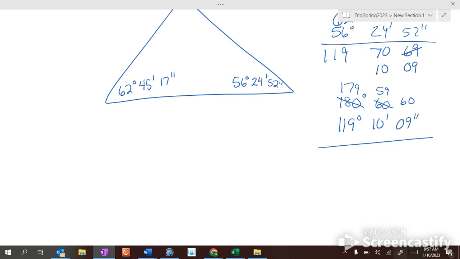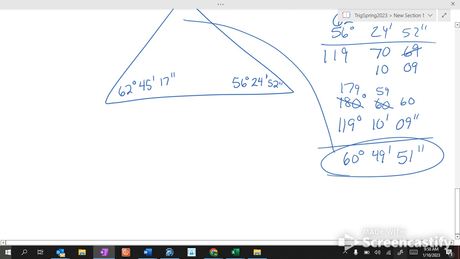Now we subtract to get 51 seconds, 49 minutes, and 60 degrees. That's what this angle is. Okay? So we should be able to add and subtract. If we can do a question like that, should not have a problem adding and subtracting.